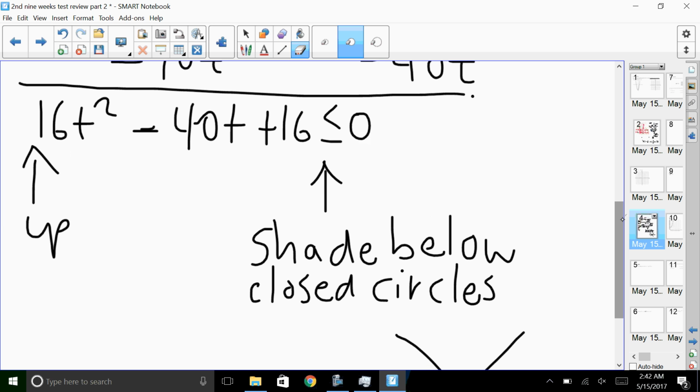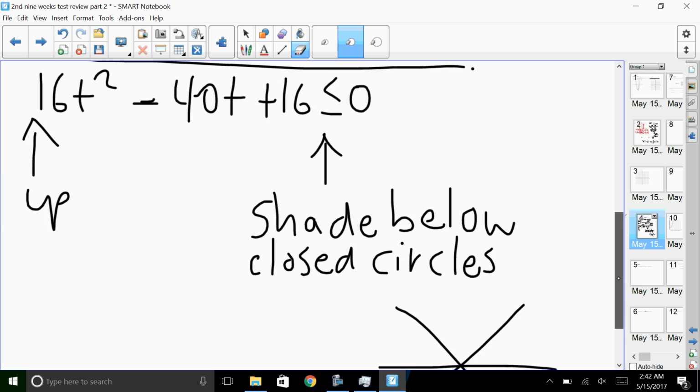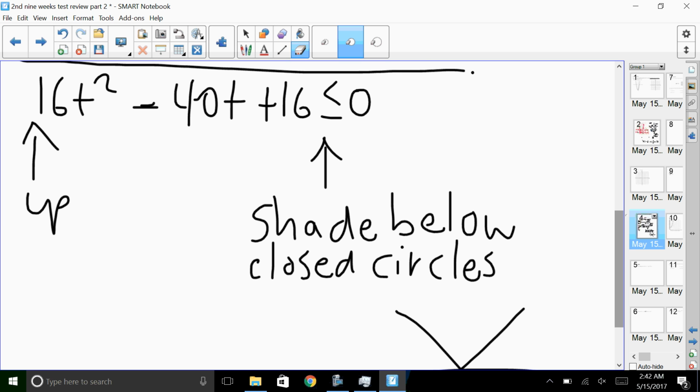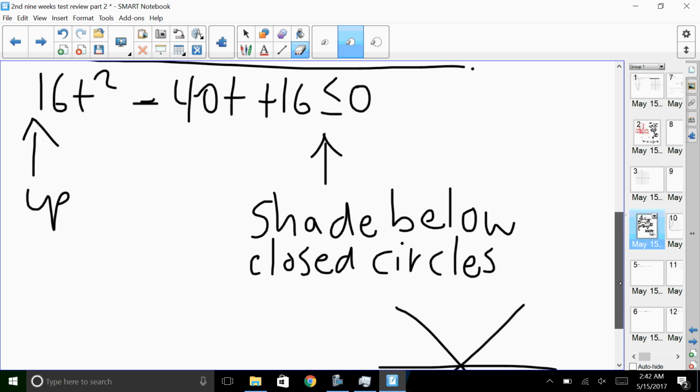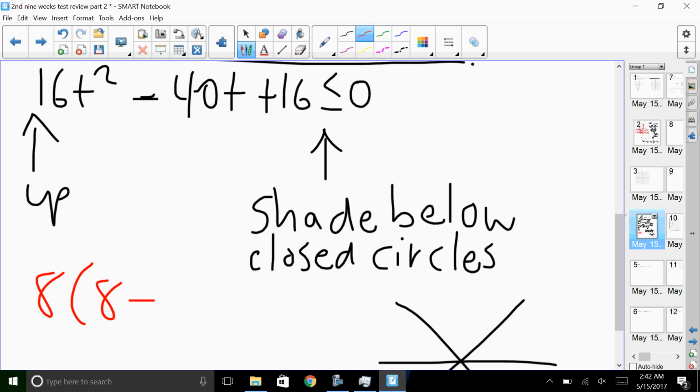So if I want, they look like I could take out an 8. So factor out an 8. So I'm left with 8t squared minus 5.